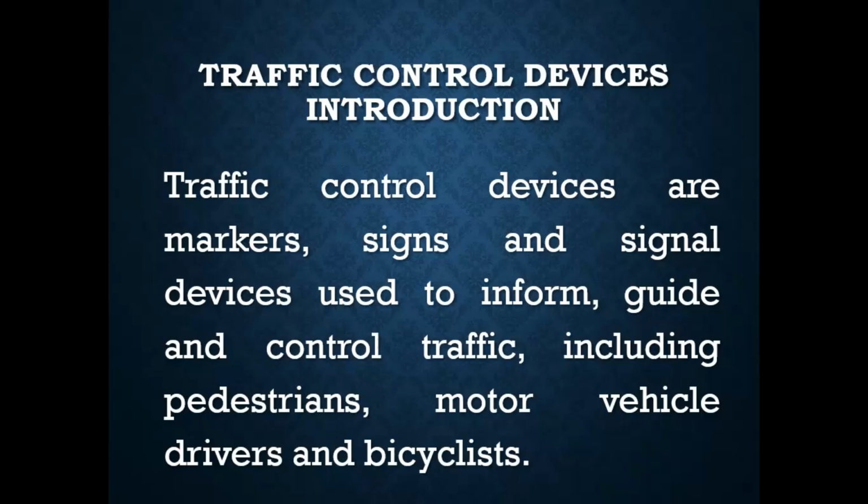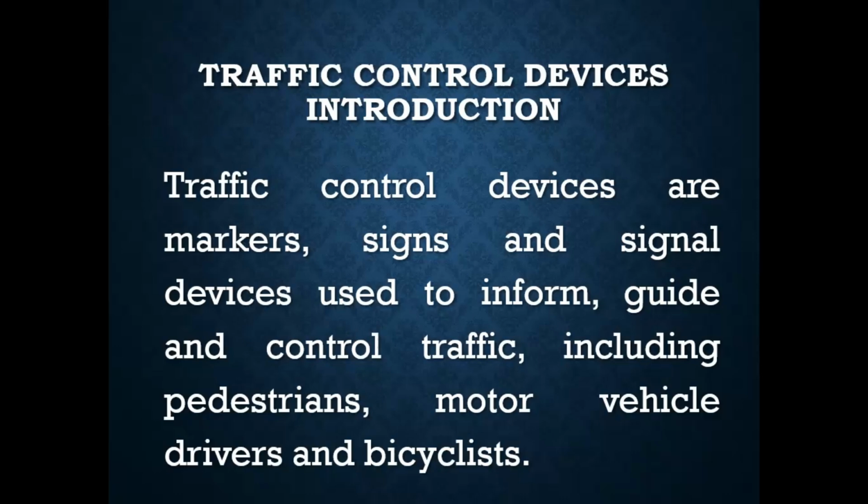They are used to keep pedestrians and vehicles safe and moving efficiently. These are markers, signs, and signals used to inform, guide and control traffic. These devices are usually placed adjacent to, over or along the highway, the roads, traffic facilities, and other public areas that require traffic control.